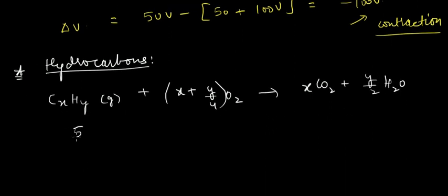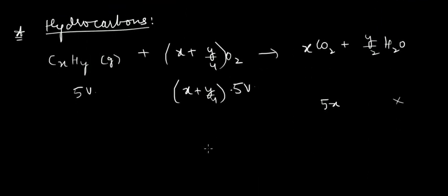Let's suppose it is 5V, and this 5V would be reacting with x plus y by 4 moles of oxygen. The stoichiometric coefficient multiplied by 5 would be the volume used here, and finally we would have 5xV formed here, and the water would be negligible.